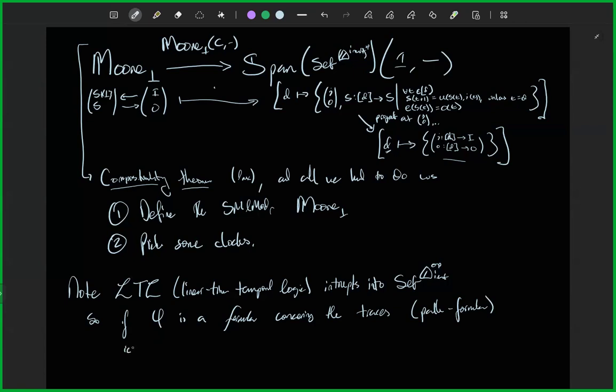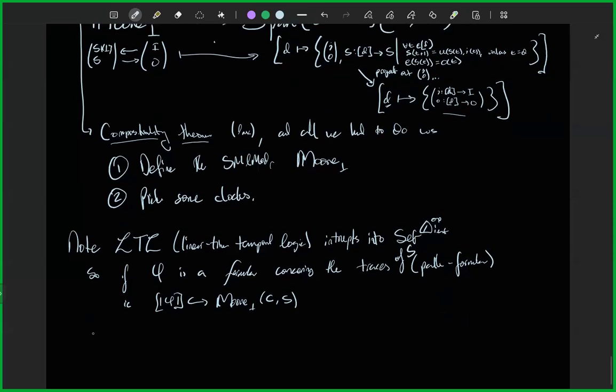I.e., we can interpret phi as being a subsheaf of Moore bot C S of traces of S. And now we can ask, is phi true of S?